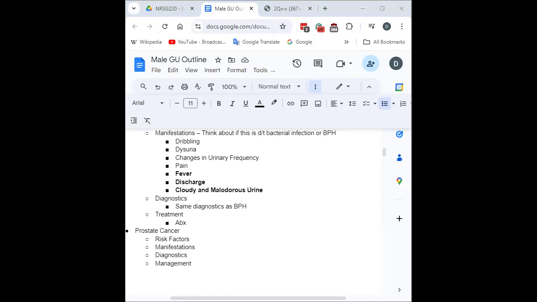Let's see if there's anything else here. Make sure I didn't miss any. So the treatment is going to include antibiotics and antipyretics, because obviously we're infected, so that would be your Tylenol. And what are we looking out for with Tylenol? Your sitz bath is another one that's different.